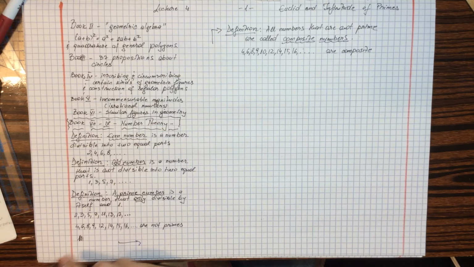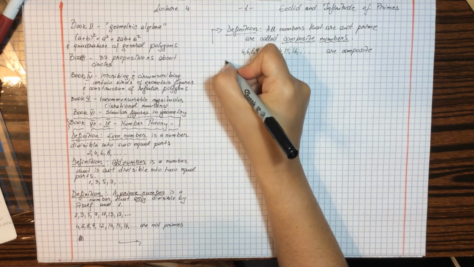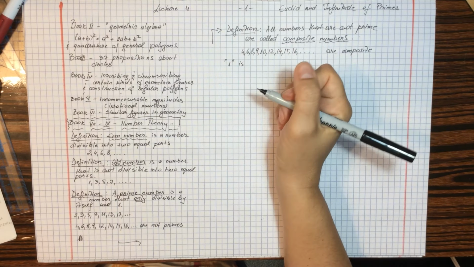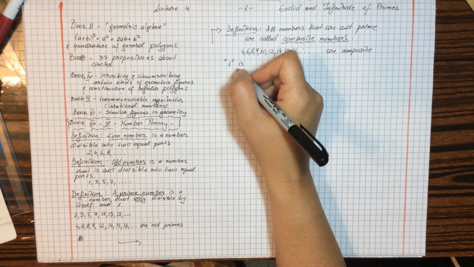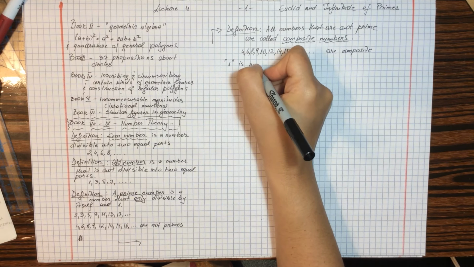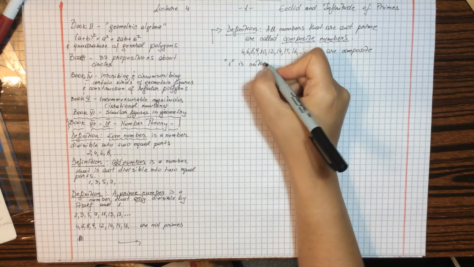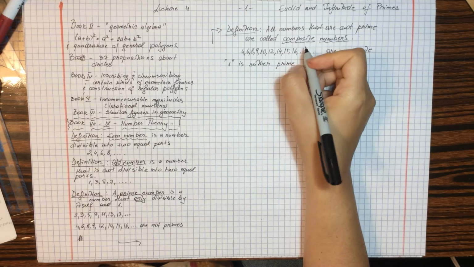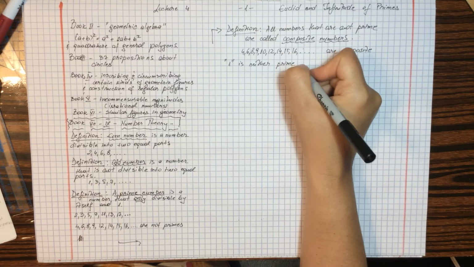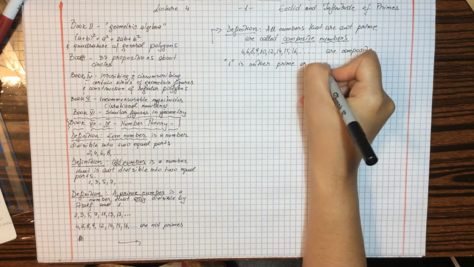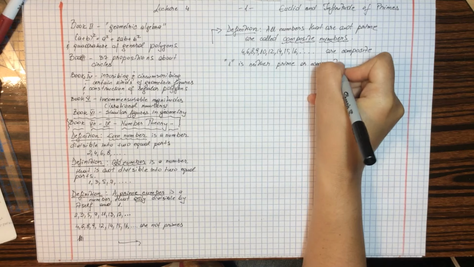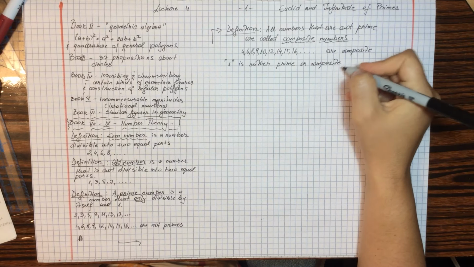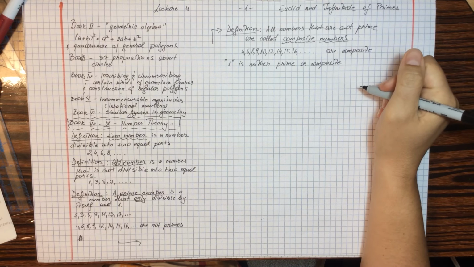Perfect numbers. Well, let me get now to number 1. Number 1 is by convention neither a prime nor a composite. It is a special number for sure. In fact, it is the building block of every other number.